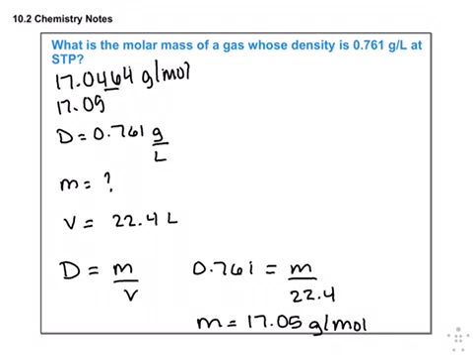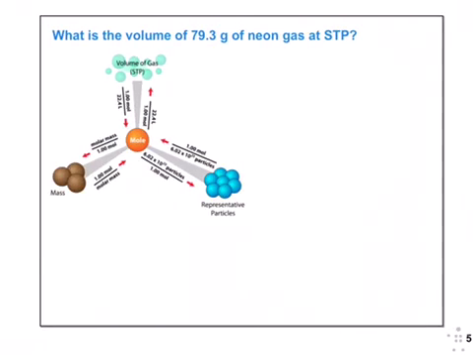Why is this referred to as the molar mass? Not just mass? Yeah, because it's relating it to moles there. Good. All right. Did anybody get an answer for this last one? Yeah, Maddie? It's probably way off, but I got 3.540.